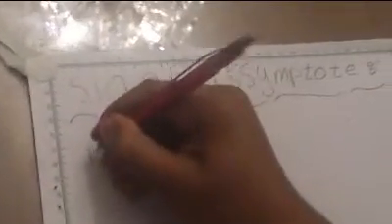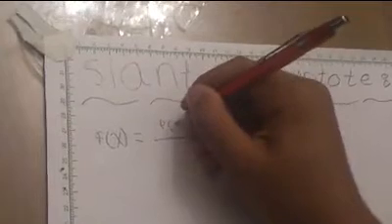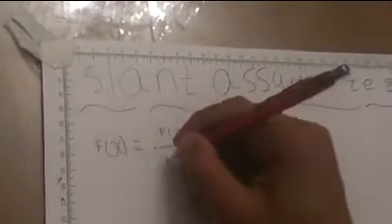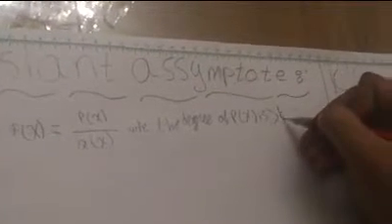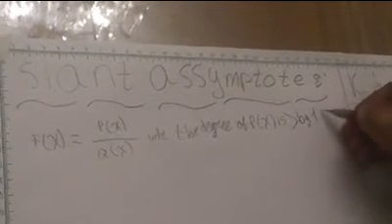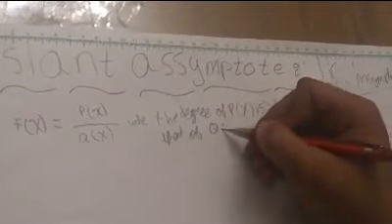Let's consider that we have a function f of x equals a fraction, with a function in x up there called p of x, and another function in x down there called q of x, where the degree of p of x is greater by 1 than that of q of x.